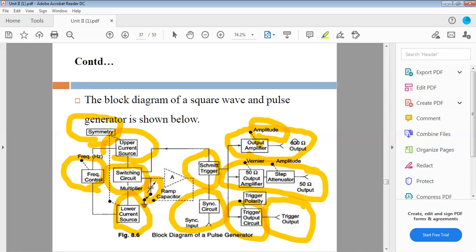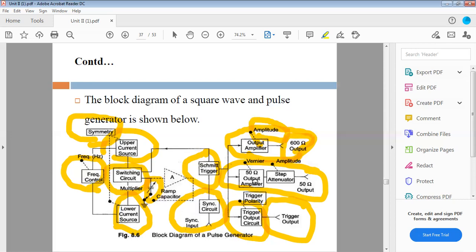The 600 ohm output provides a rise time and fall time of 70 nanoseconds with a peak amplitude of 30 volts.